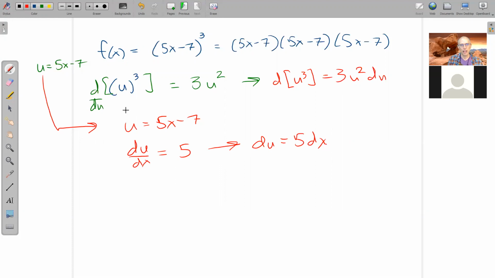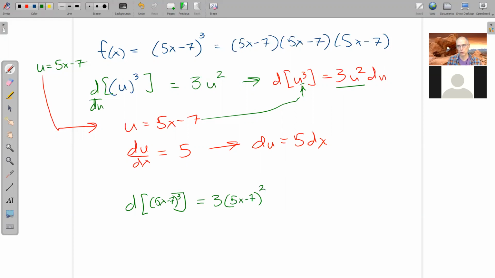Putting all of this together, I have the derivative of u cubed, and I'm going to replace that u right here with what I say it's equal to, the 5x minus 7. So replacing that u with 5x minus 7, and it's cubed, that's equal to, on this side here, 3 parentheses, and u is 5x minus 7.